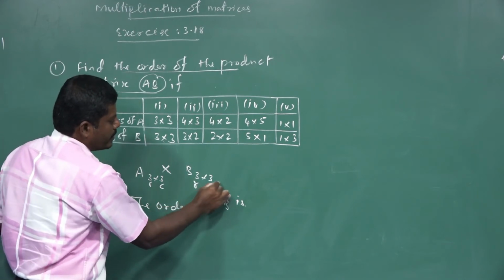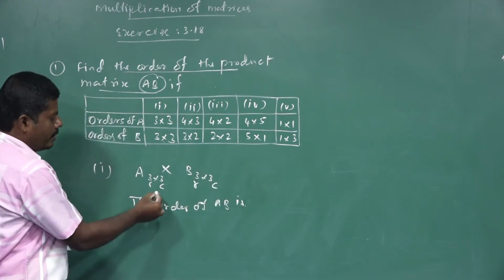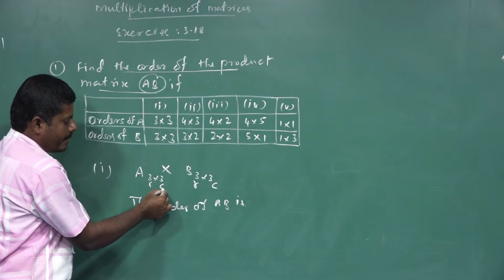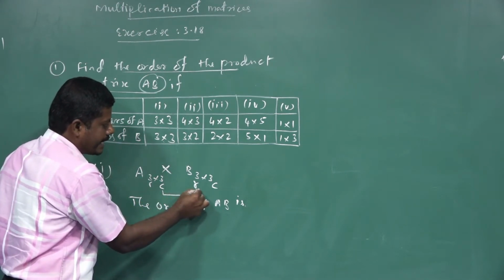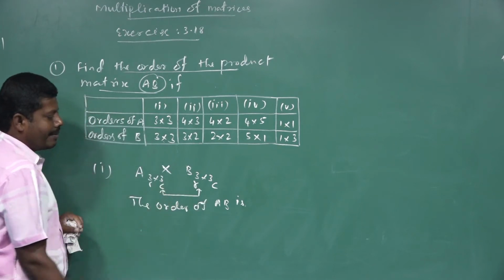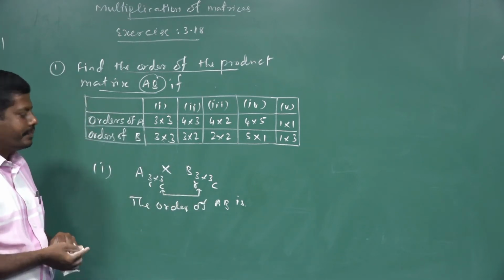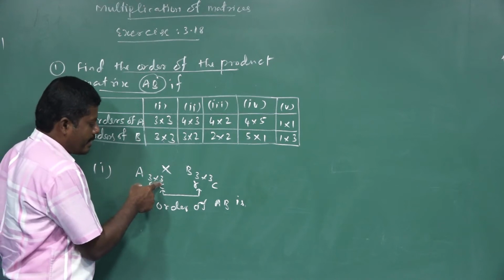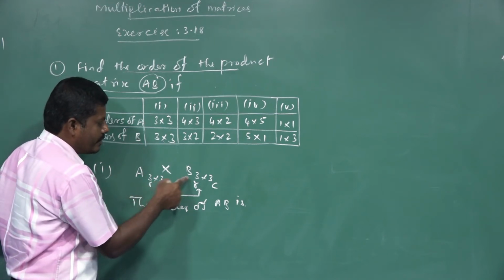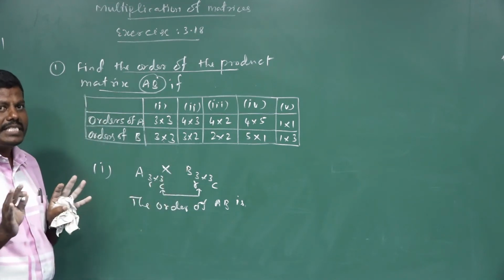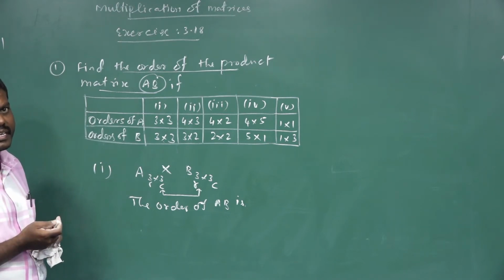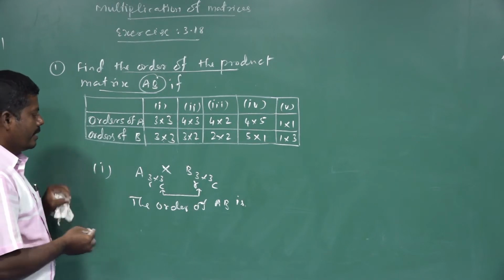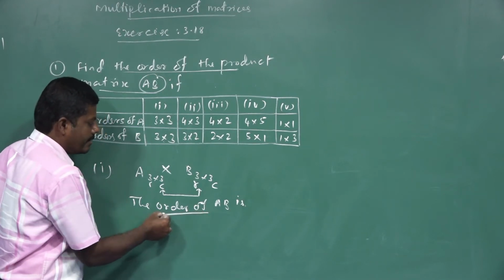The number of columns in the first matrix is equal to the number of rows in the second matrix. Then only matrix multiplication is possible. Here, column equals row, so 3 is equal to 3. Therefore matrix multiplication is possible. That is not our question, but I am telling you for your clearance.